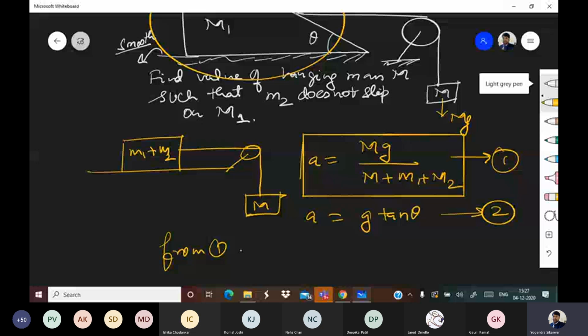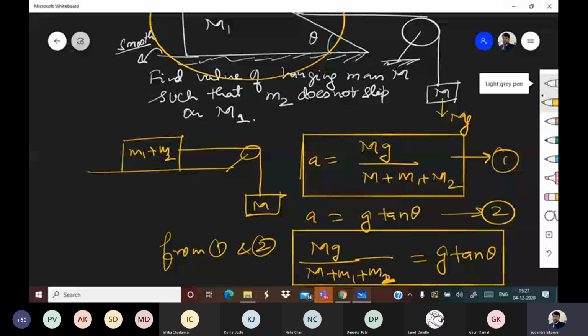Capital Mg upon capital M plus M1 plus M2 should be equal to g tan theta. So this should be the answer.